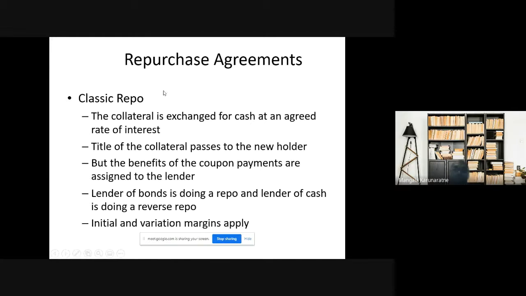So repurchase agreements, classic repo: the collateral is exchanged for cash at an agreed rate of interest. Now in definitions we use this word collateral, but in fact it's not a good word.